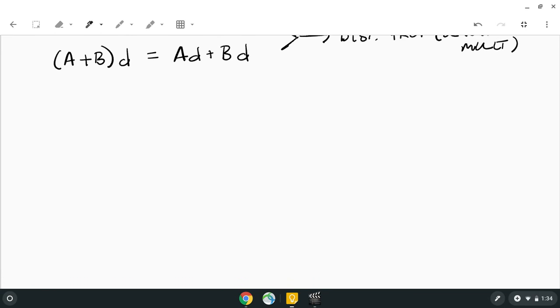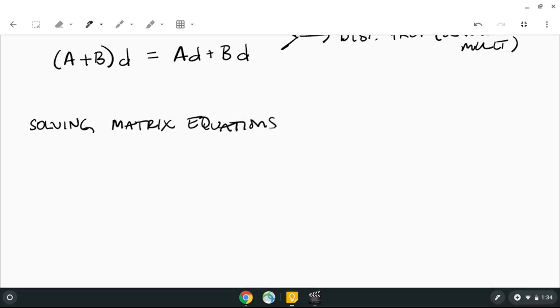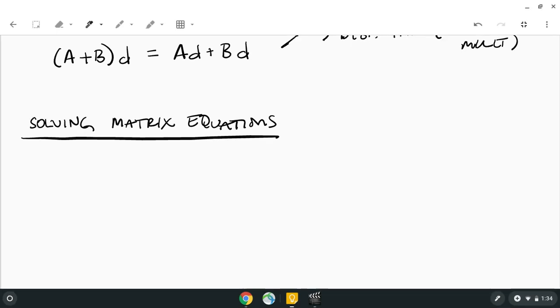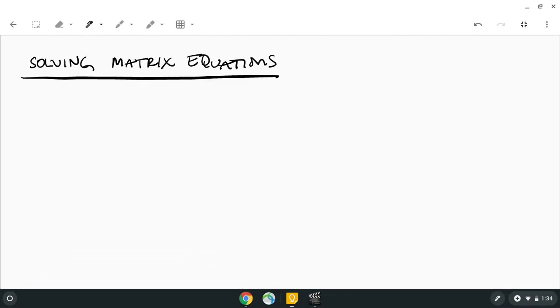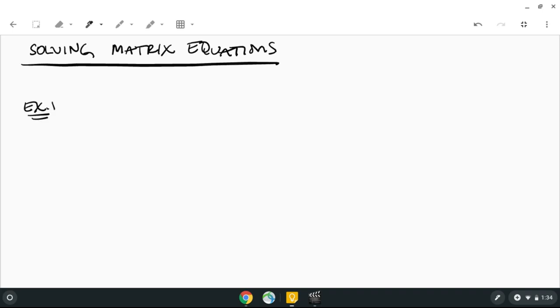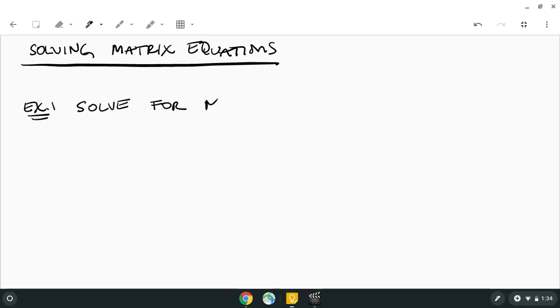Okay, so let's take a look at solving matrix equations. Let's look at this example. Solve for matrix X. We know X is a matrix, not a scalar, not a real number.